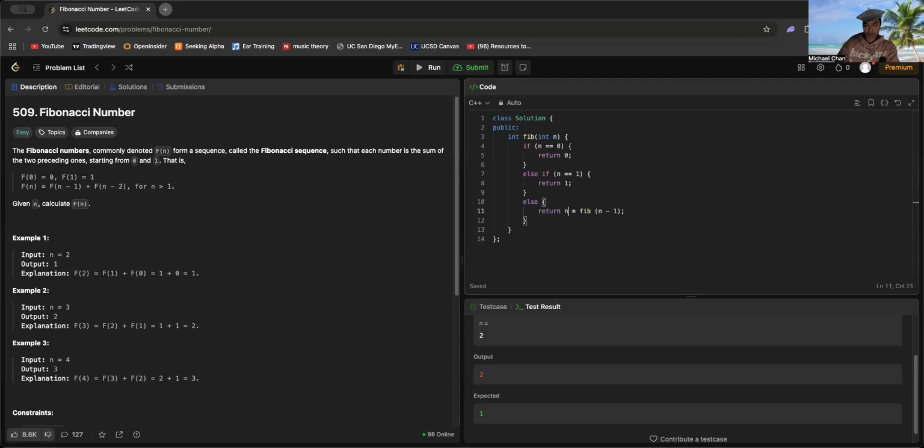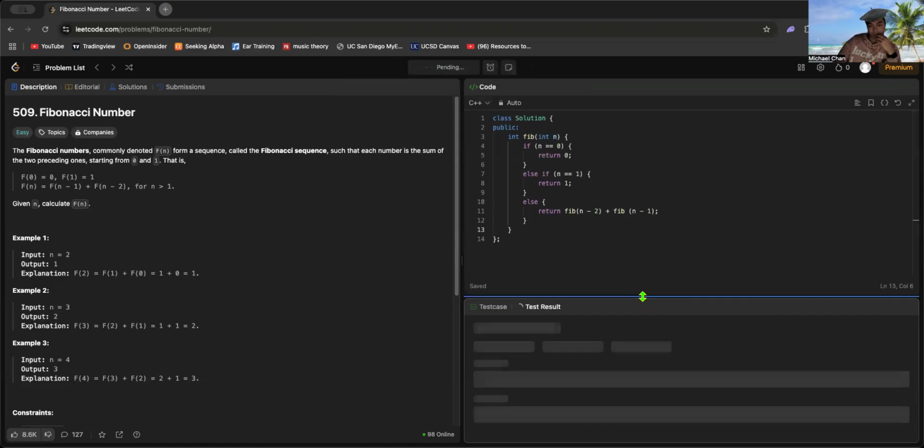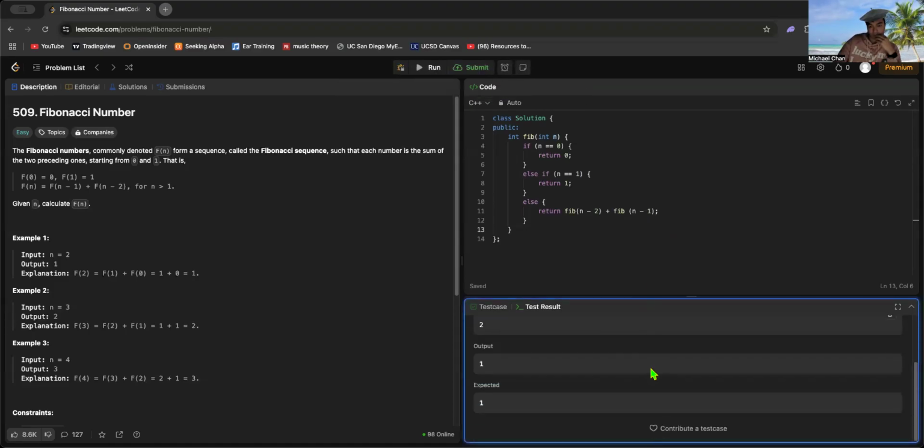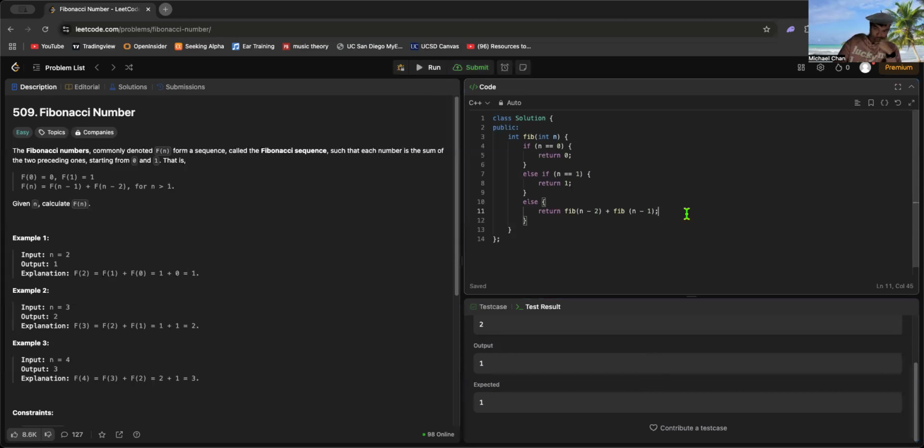And then else it should return fib n minus 2. What's fib n minus 1? Okay, there we go. But then, okay, so how do I make it better?